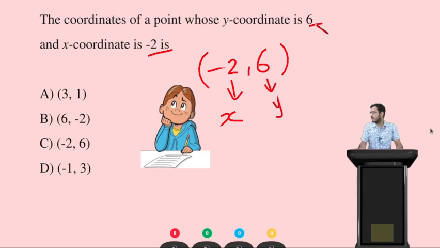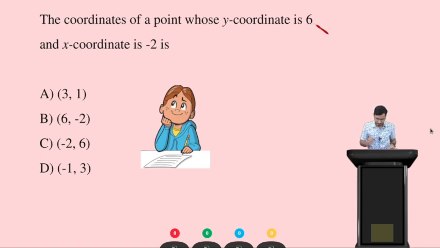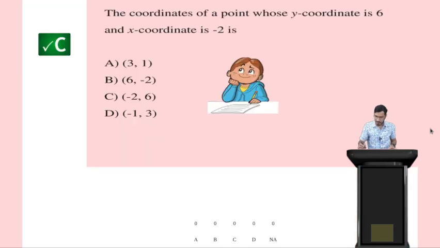We can say the first value is abscissa, and the second is ordinate. So option C is the right answer. Now let's move to the next part.